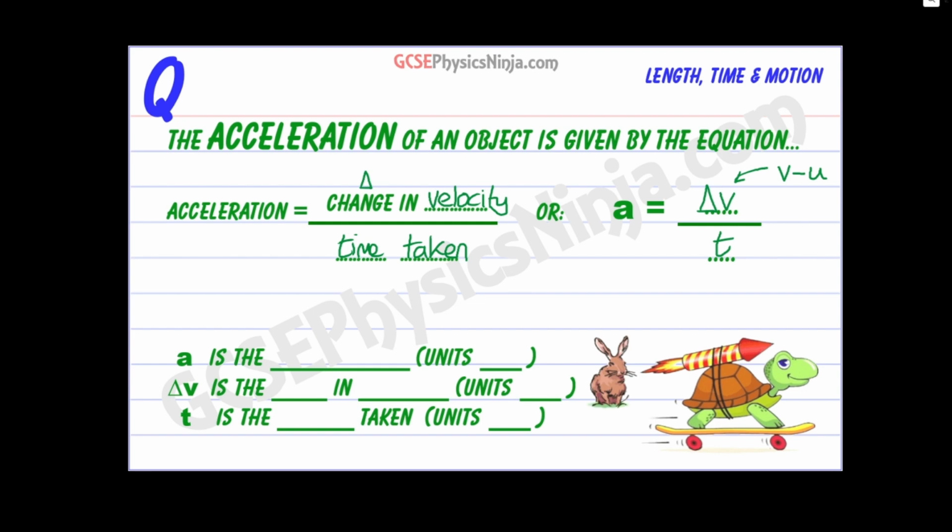We'll look at an example in a minute. But usually we can just work out whether we've increased or decreased in speed or velocity. Remember, if we've decreased in speed, then we will have a deceleration, but this will be a negative acceleration. We'll come on to that in a little moment.